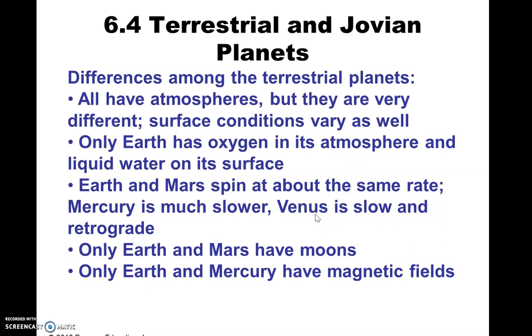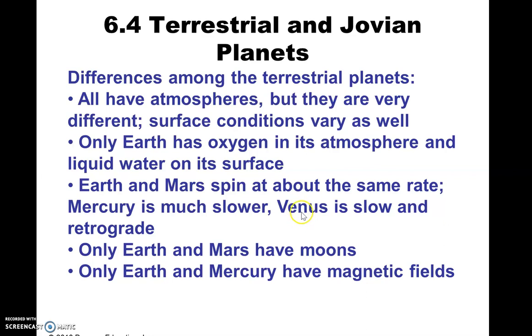That is, all the planets are going around the sun. I mean, this is true about all the planets. If you were to look down on the solar system from the north, they're going around in a counterclockwise direction. But most of the planets are spinning in that same direction.